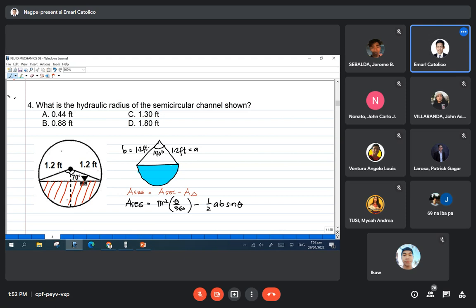Okay. So check natin yung given. Direct sub na lang siguro ito. So area ng segment natin is pi, R natin is 1.2. Yan yung ating radius. So 1.2 squared feet squared, theta natin is 140 over 360, minus 1/2 times 1.2 times 1.2 feet squared, sine theta natin is 140.